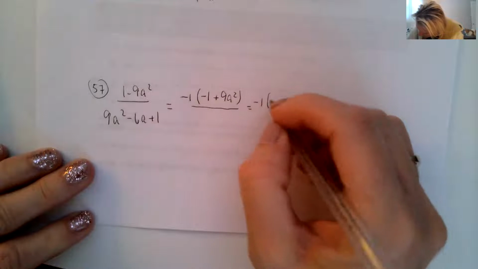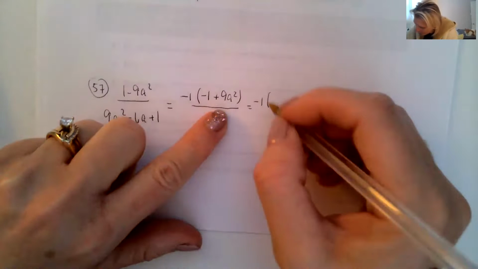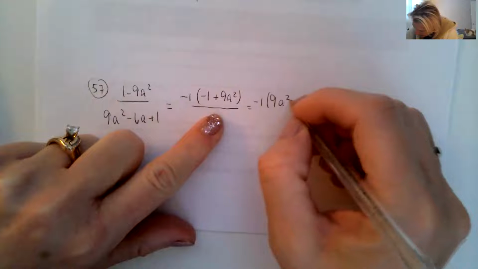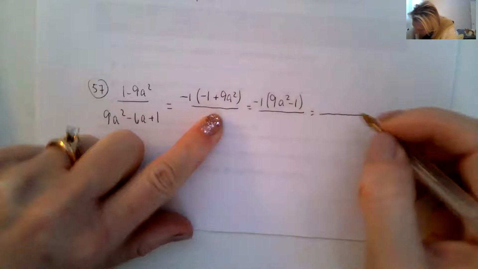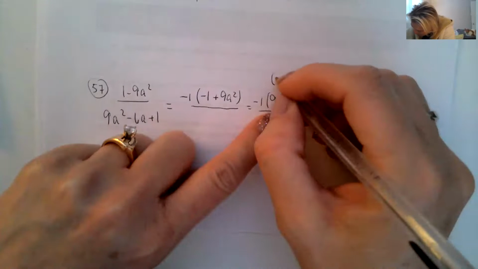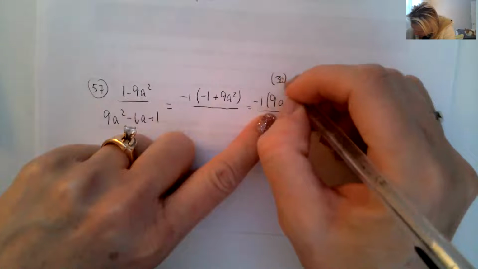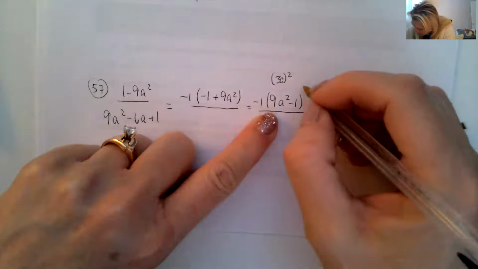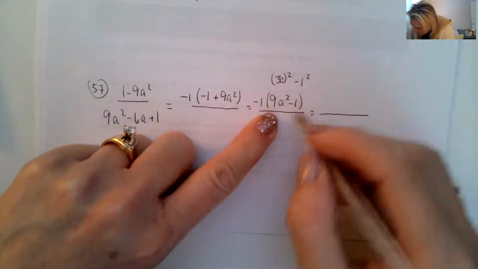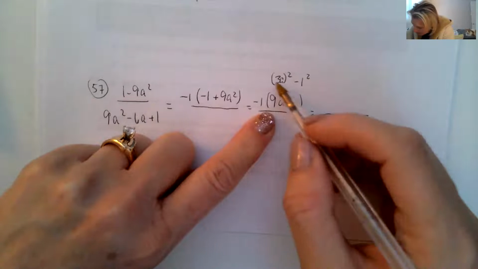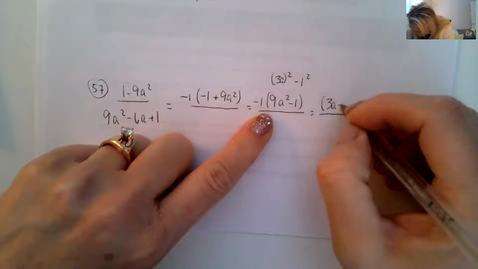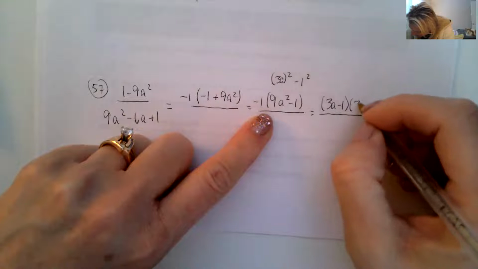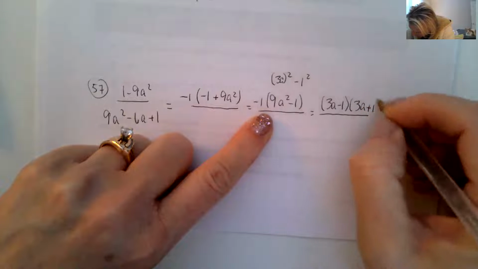And then we're just going to flip it around. So it's the 9a squared first, minus 1. And then this is a difference of squares. This is really 3a squared minus 1 squared. So this becomes 3a, the conjugates, minus 1 and 3a plus 1.